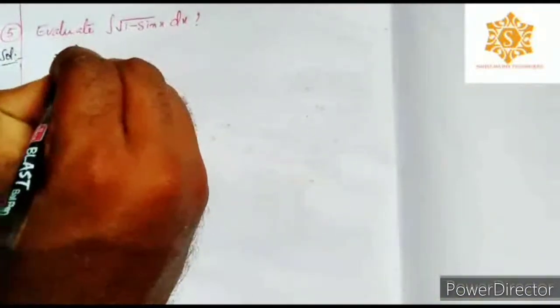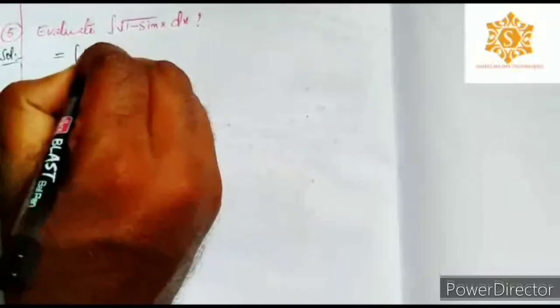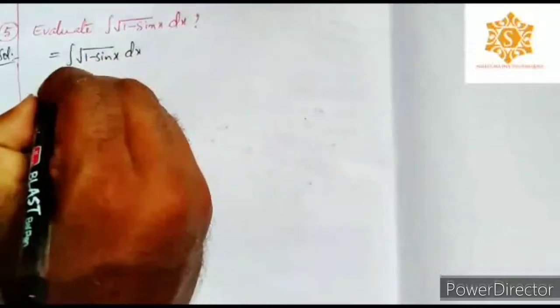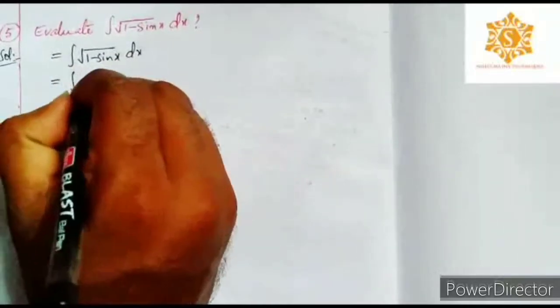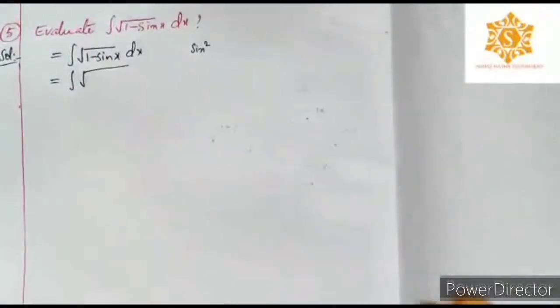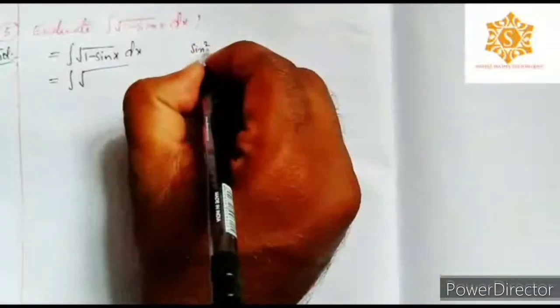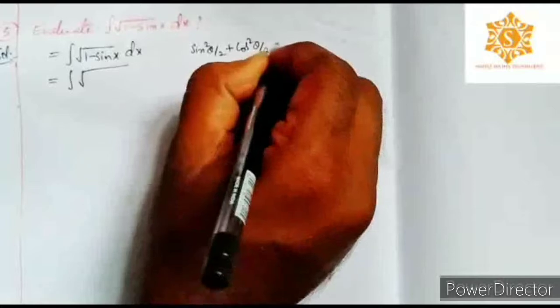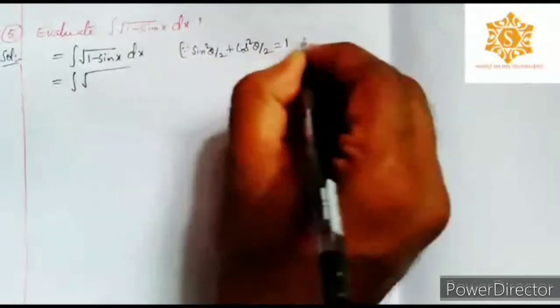The next problem, evaluate integration of square root of 1 minus sin x dx. So solution is given that integration of square root of 1 minus sin x dx. Here, using submultiple angles, sin square theta by 2 plus cos square theta by 2 equals 1.